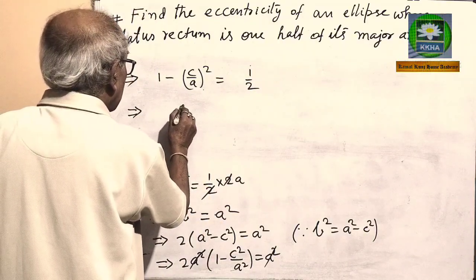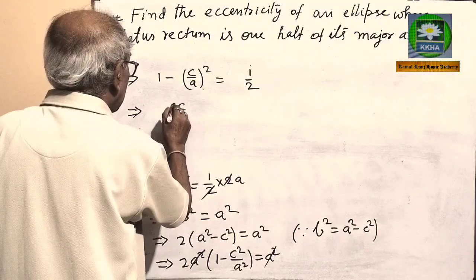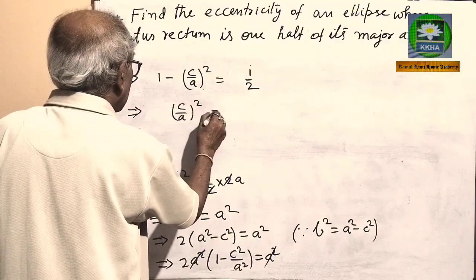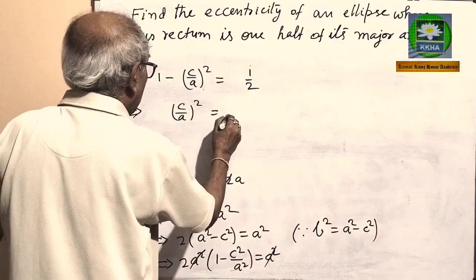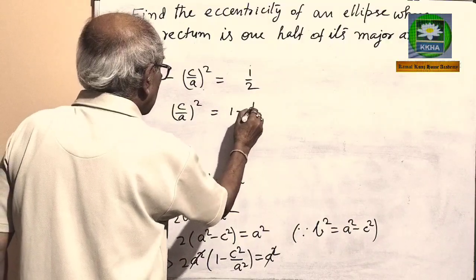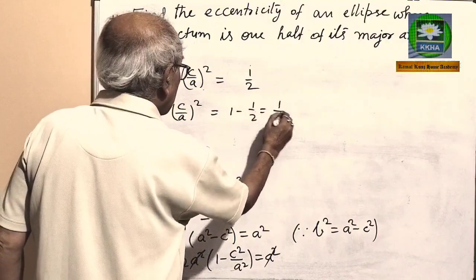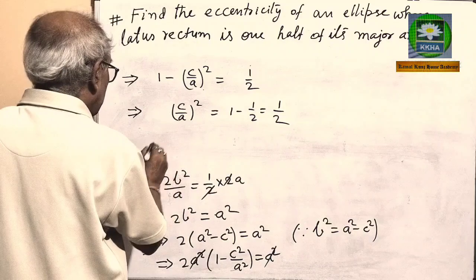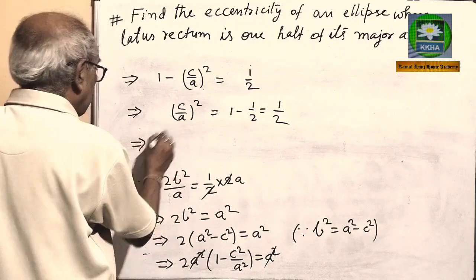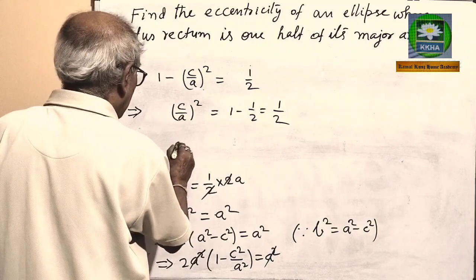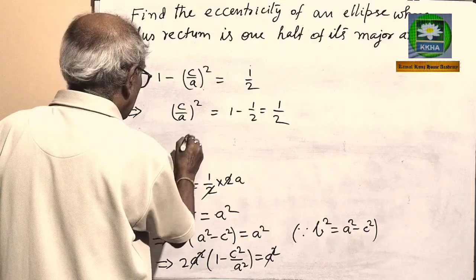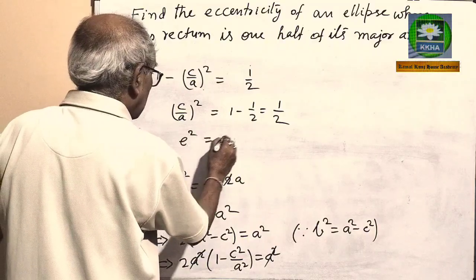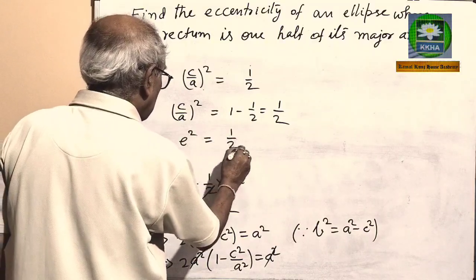That c upon a whole square is equal to 1 minus half, that is equal to 1 upon 2. C upon a is the eccentricity.